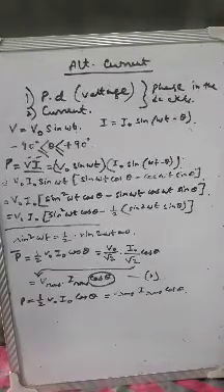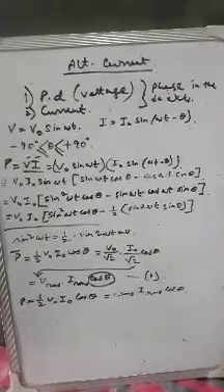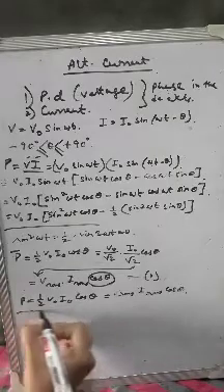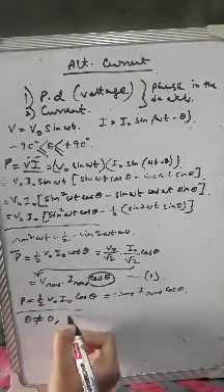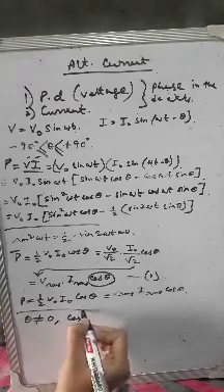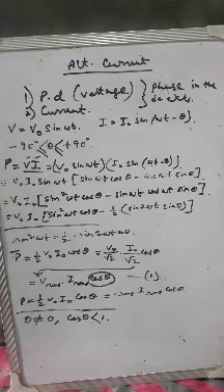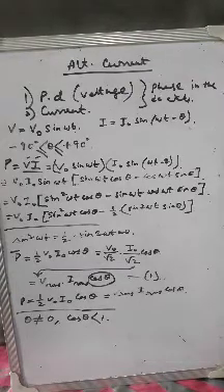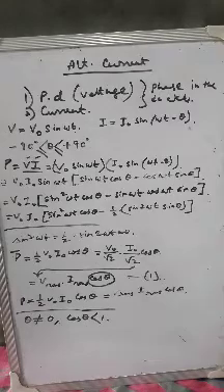Repeating once again, suppose theta's value is not equal to 0. Then obviously your cos theta will be less than 1, so the power factor is reducing the power consumed in an AC circuit to some extent.